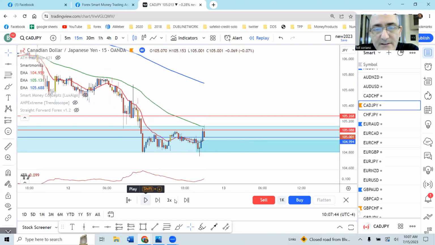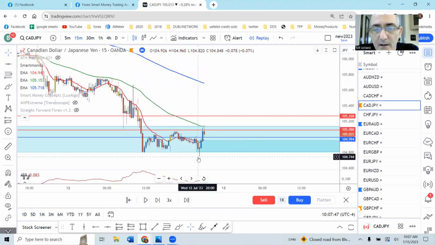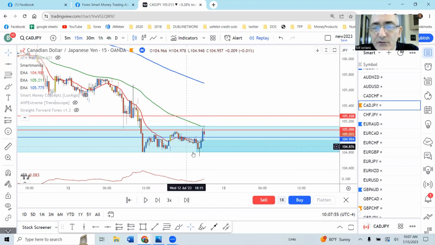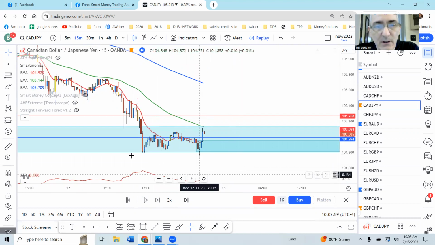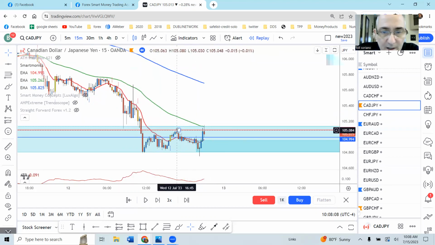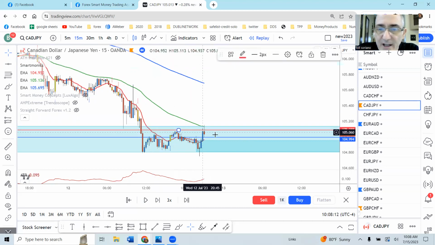What we see here, price goes a little bit lower. They grab some liquidity down here, and you can see that wick. Once we get a new low, we don't need a break of structure in this situation. We just need a new low. Once we get that new low, now we can identify this wick right here as our change of character.